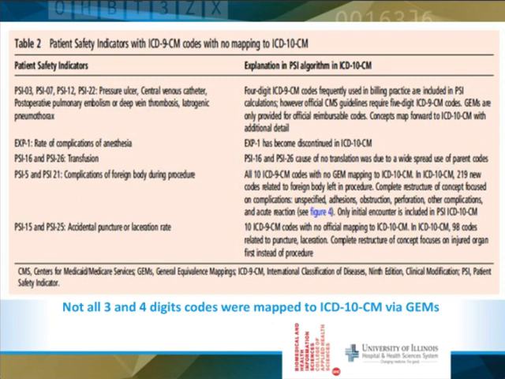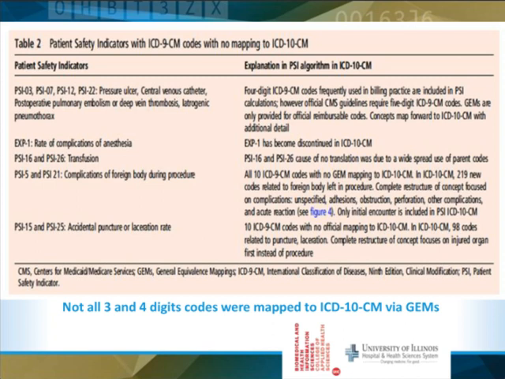But because of that, PSI 3, 7, 12, and 22 don't really measure the same thing. So EXP1, the rate of complication, has actually been discontinued in ICD-10 for the patient safety reporting.